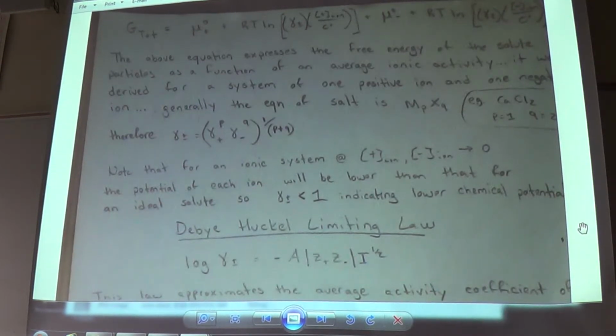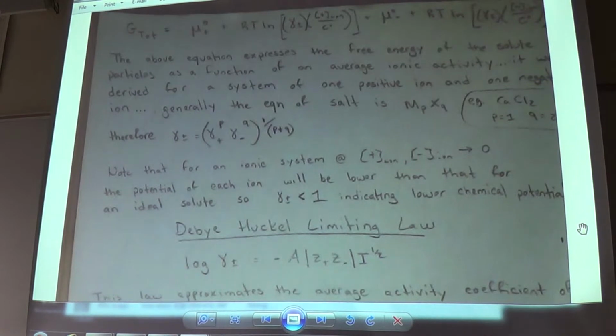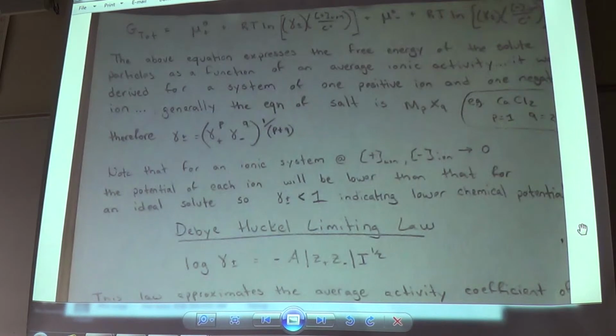Yeah, well, in a system where p plus q is 3, then you raise it to the 1/3 power, right? You're multiplying these things together, and you multiply 5 items together. You take the 1/5 root of that, and you get the average, right? That's the kind of logic.